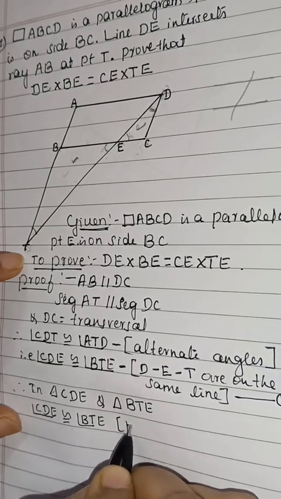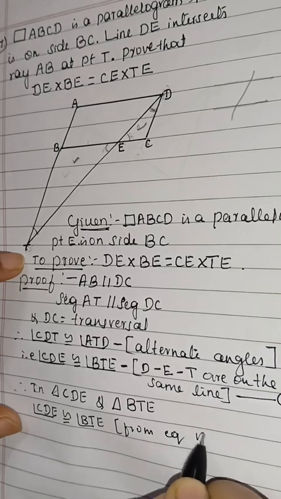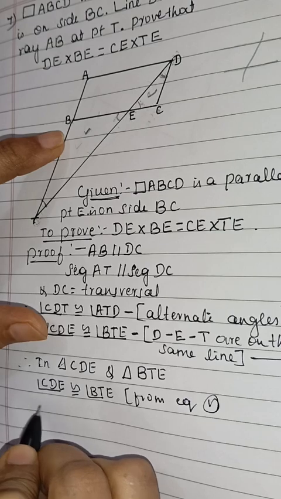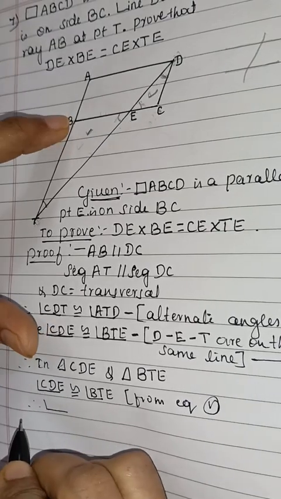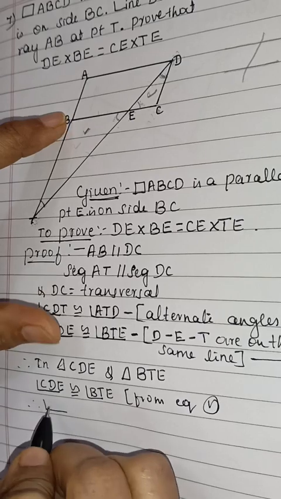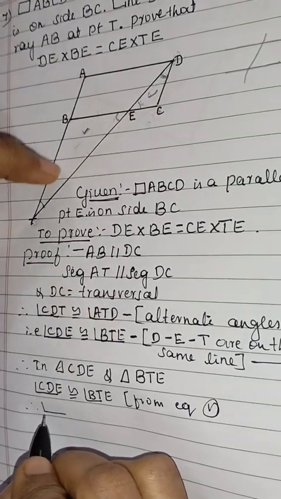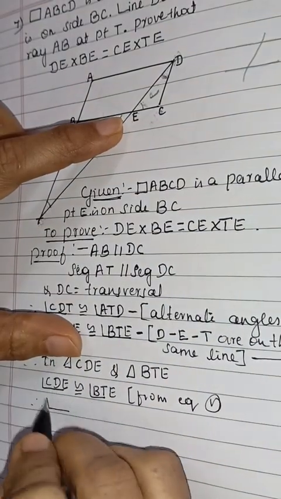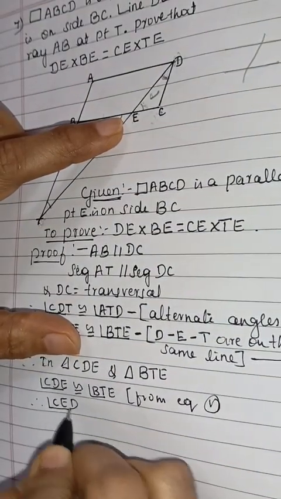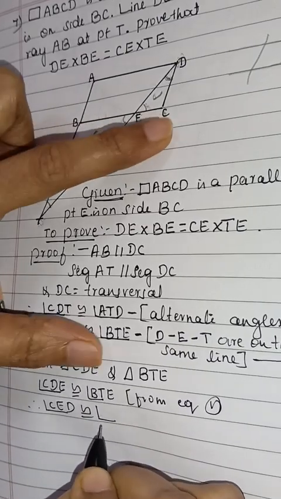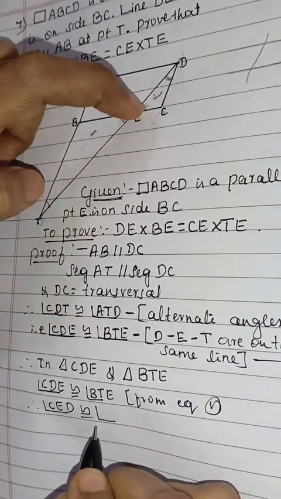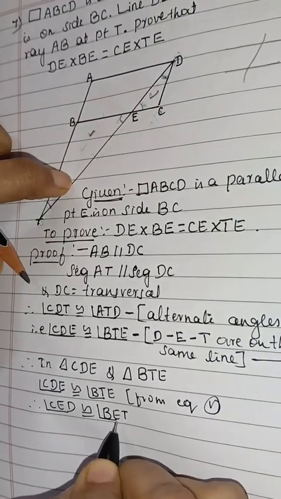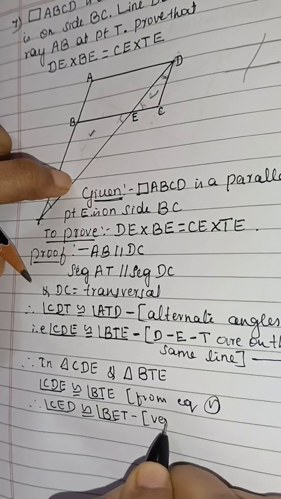This is from equation 1. Another angle, therefore angle CED is congruent with BET, because they are vertically opposite angles.